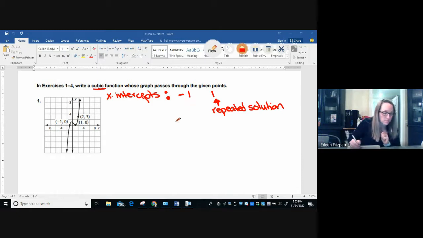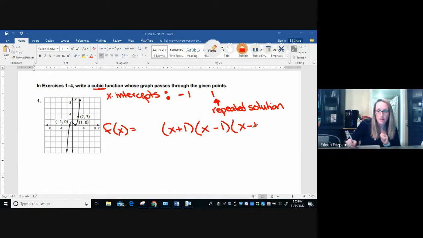So in factored form, f of x is going to equal, I know that my factors are x plus 1, because when I set this equal to 0, it gives me a -1, and then x minus 1 and x minus 1, because it's a repeated solution. It is a cubic function, so there should be 3 answers, and there are.